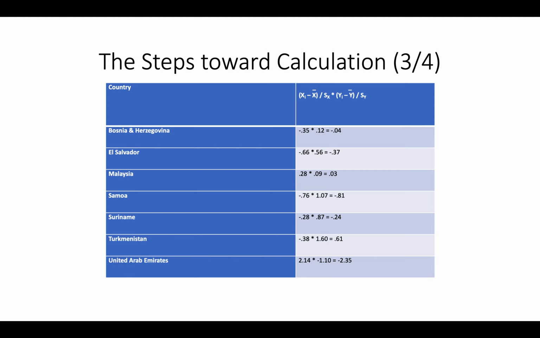Then we multiply those standardized deviations from the mean value for our variable x and for our variable y. You can see the values are much smaller than the covariance values. This makes the calculation more manageable as well.